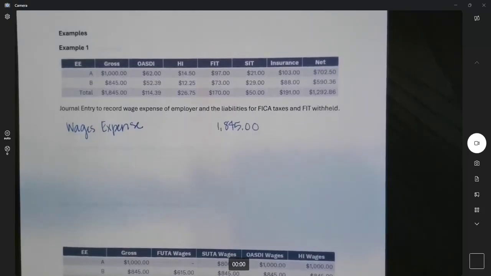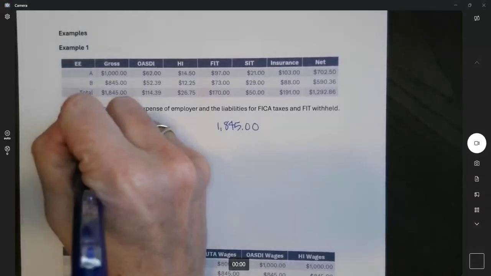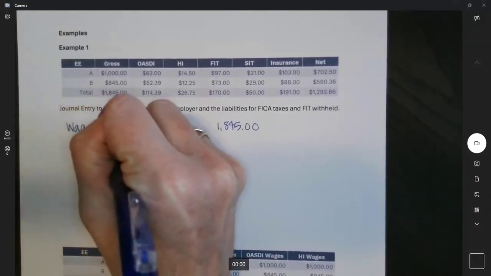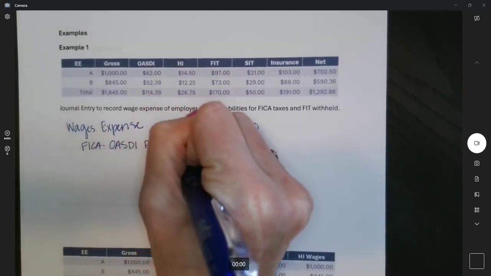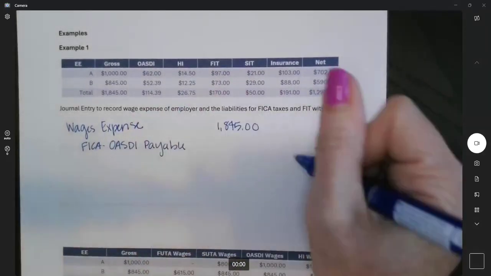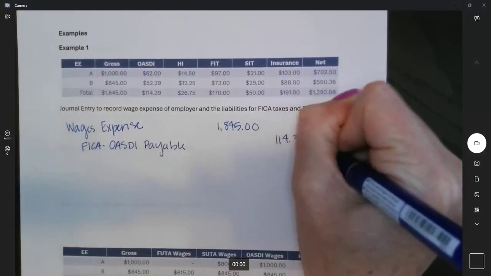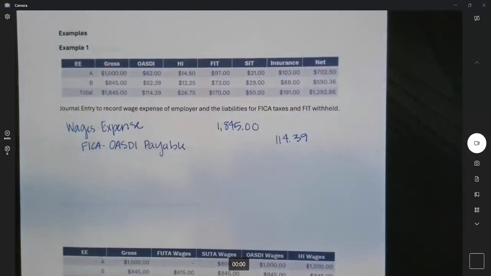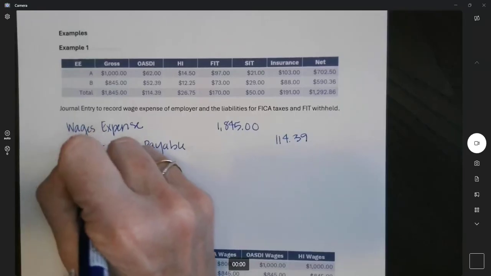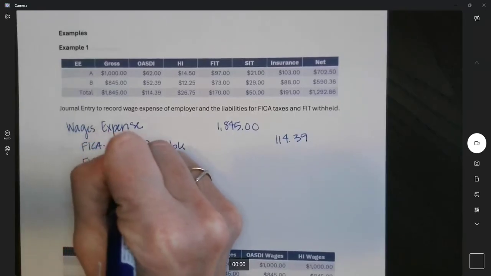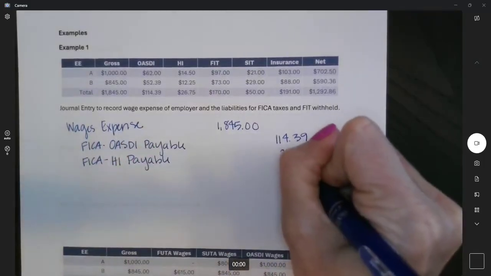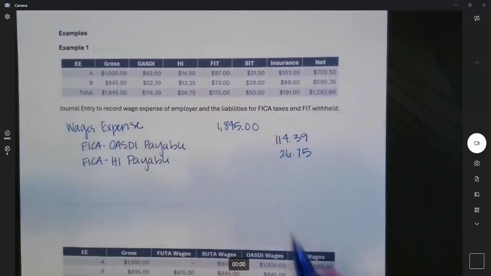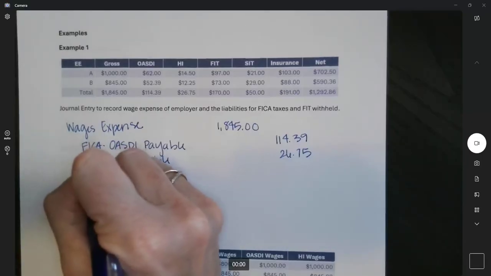So we'll start with our FICA OASDI, and that is $114.39. We also have the FICA HI. That's $26.75.